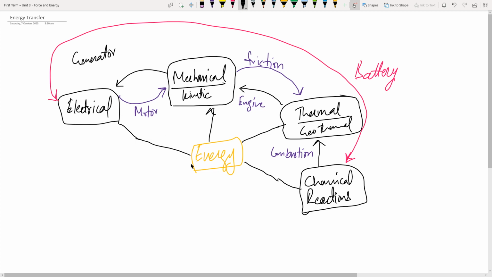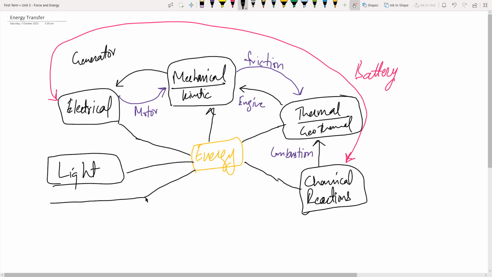There are other types of energies, in which we have light energy, right? Optical energy, what you call radiation, is also able to deliver heat to us, but light itself has a specific energy which we use in solar panels. Now remember, a solar panel is not taking thermal energy from light.